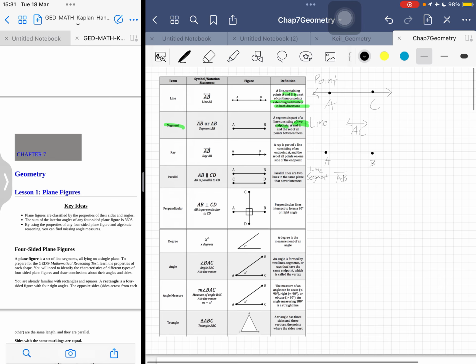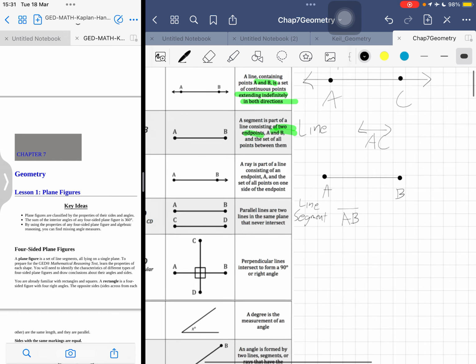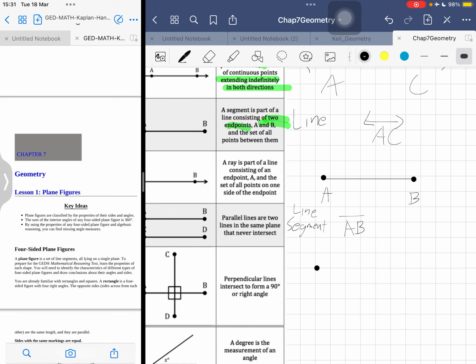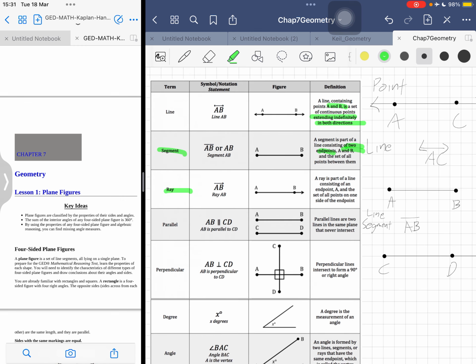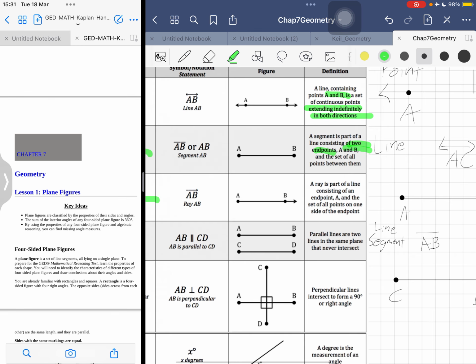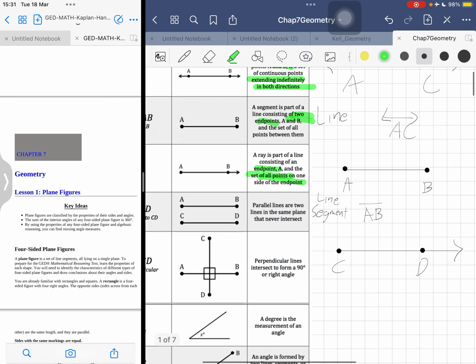What about ray? Next concept, ray. Let's choose another point here and another point here, connected by a line, but one end is extending and the other starts at a point. For example, this is C and D. So we have a ray. A ray is the part of a line that consists of an endpoint and the set of all points on one side of the endpoint.